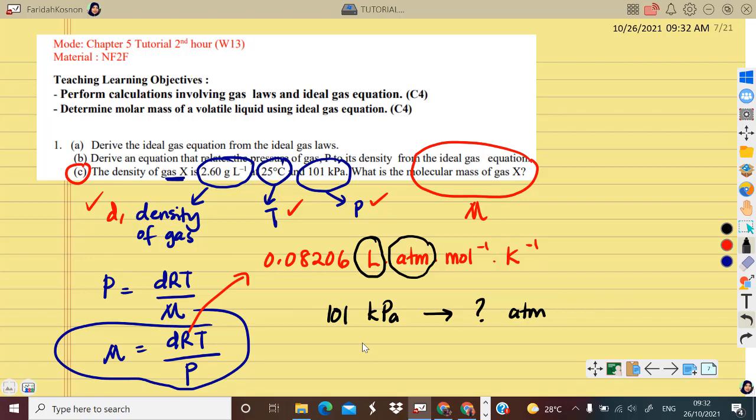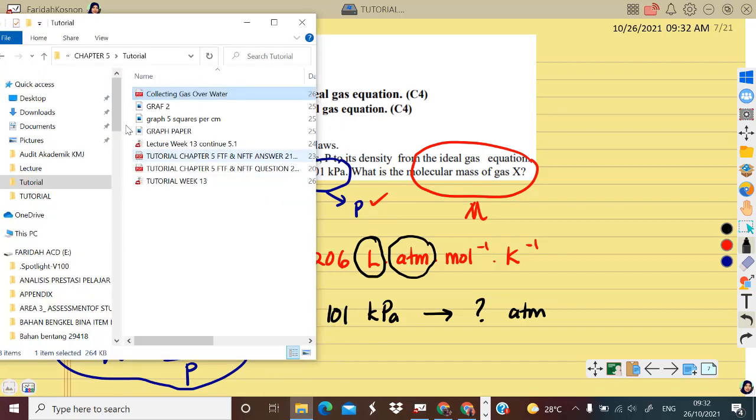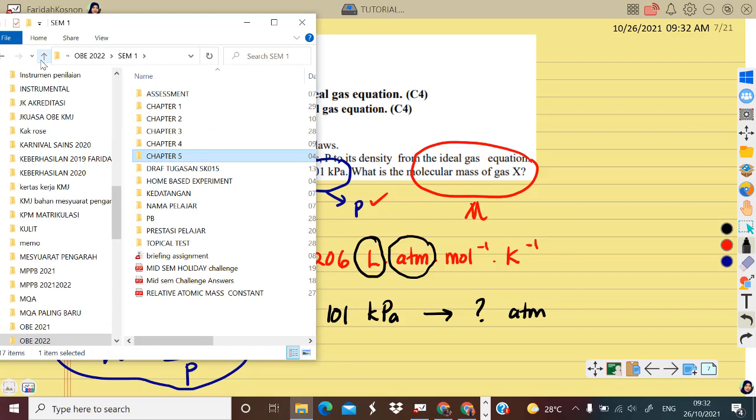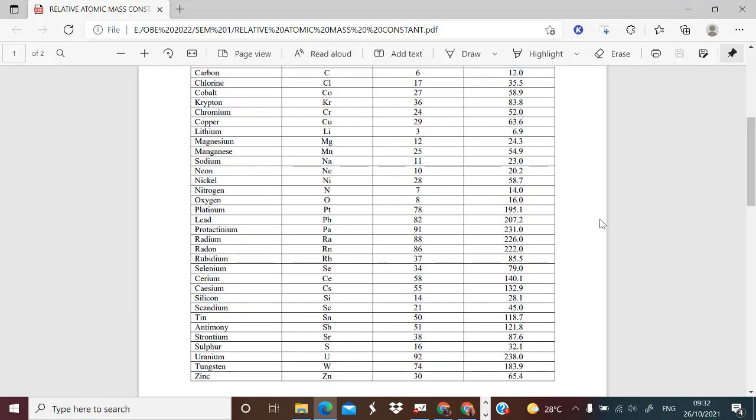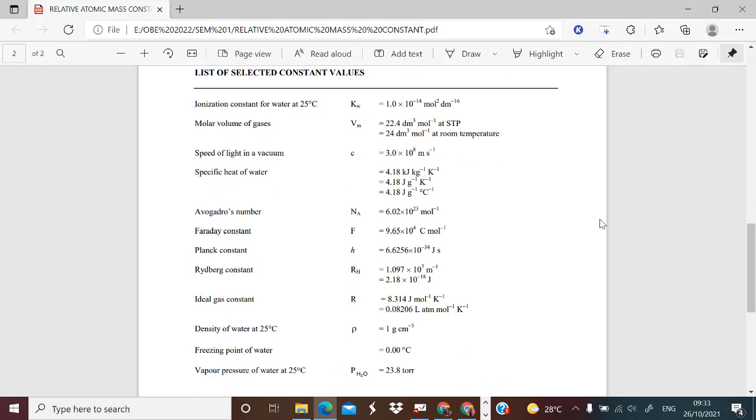Jadi kena tahu. Tapi kalau tak tahu, actually dia ada dalam table of relative atomic masses and list of selected constant yang saya pernah berikan tu kan. Okay, you may refer to this table of relative atomic masses, tapi bukan pada table ini, pada muka surat kedua.